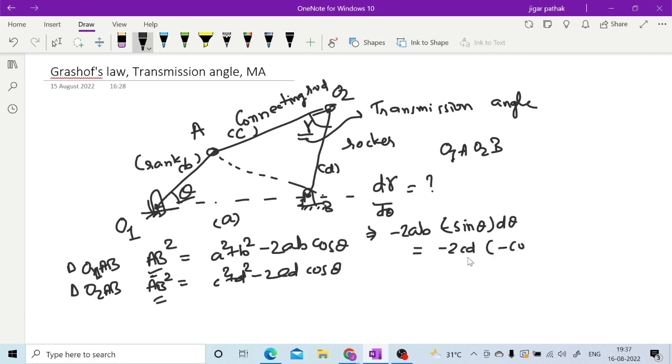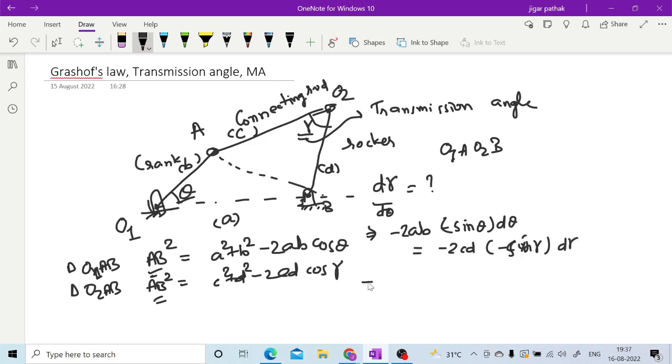Here it is gamma, because in triangle O2AB this is gamma. So when you differentiate the second one, you will have minus 2CD minus sine gamma d gamma.